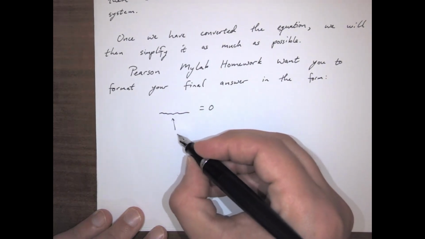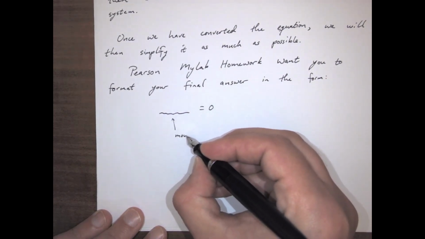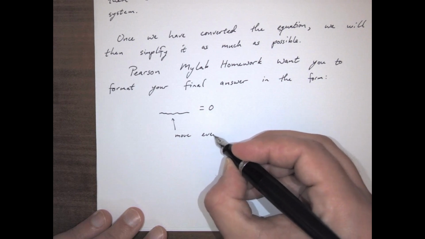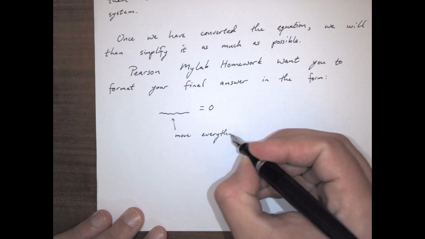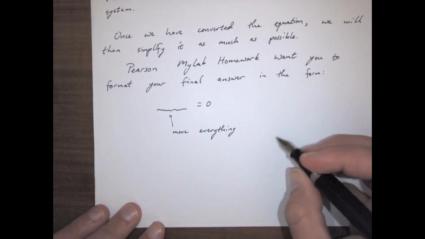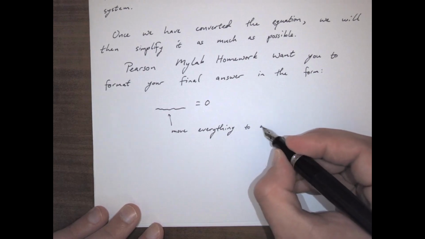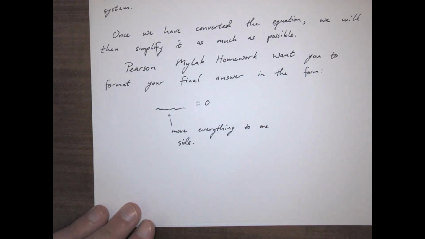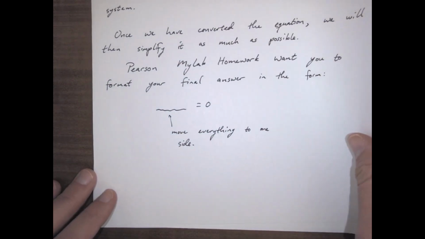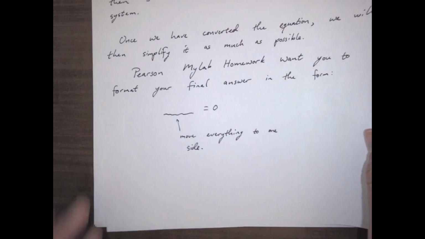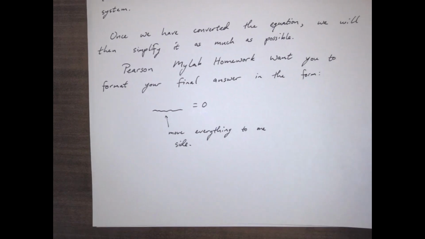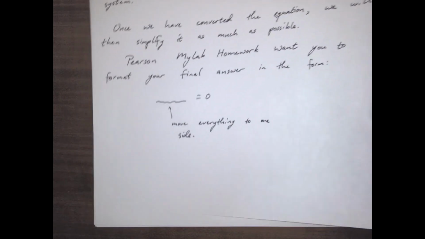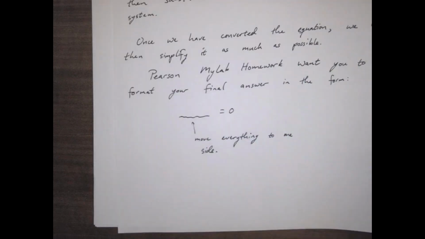And this just means move everything to one side. The Pearson is a little bit inflexible in the style of answers that it will accept, and I think it's excessively restrictive on the answers that it makes you provide. But oh well.